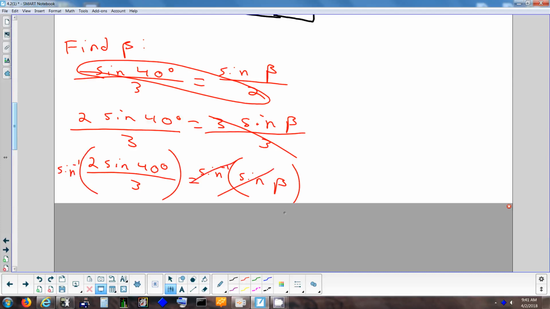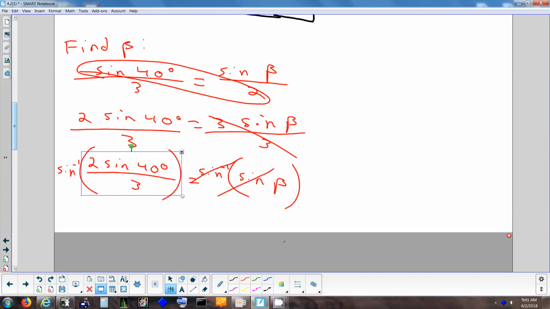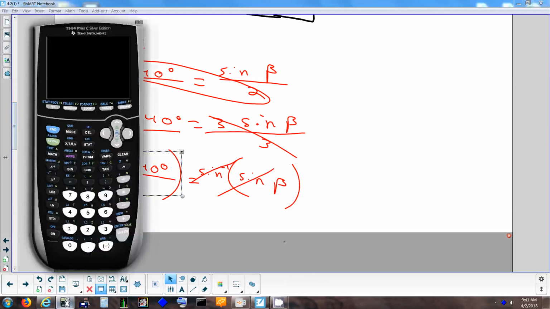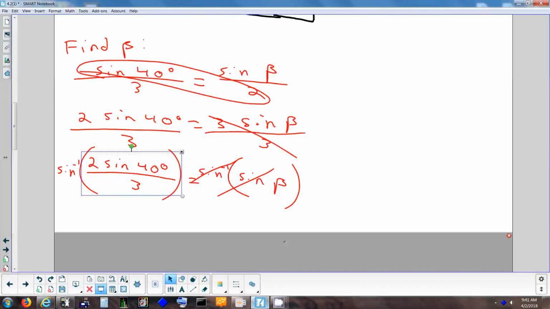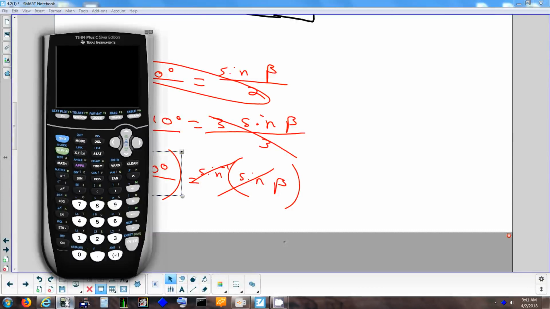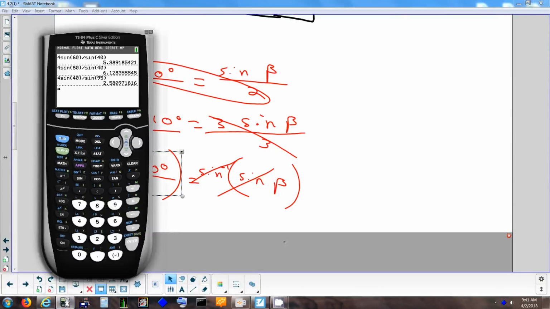Inverse sine and regular sine cancel each other out. On the left, there's nothing you can cancel because you have a division and a multiplication. Just leave the left-hand side alone. That's how you have to type it in. It's a little more complicated with parentheses if you're going to type it in all at once, but I will show you right now. So it's inverse sine. Start with that, and it's going to open a parenthesis for me.